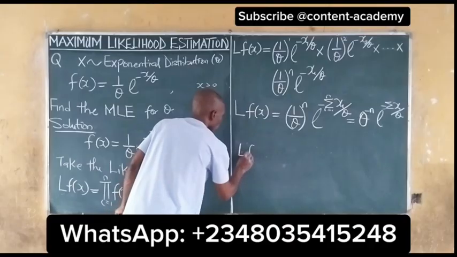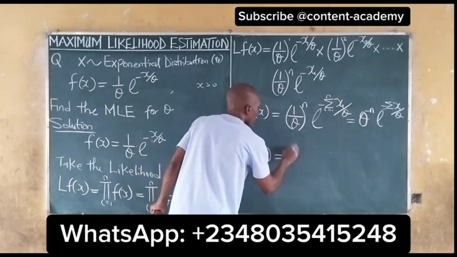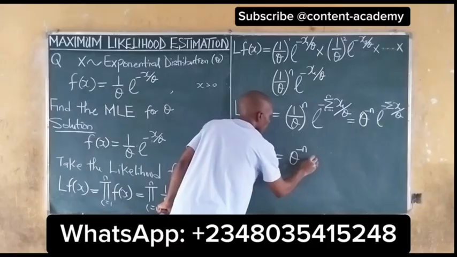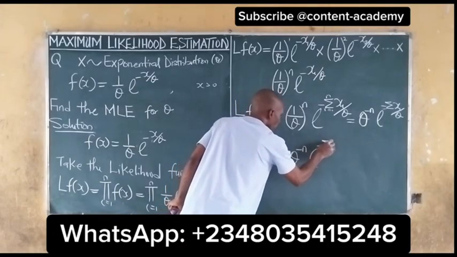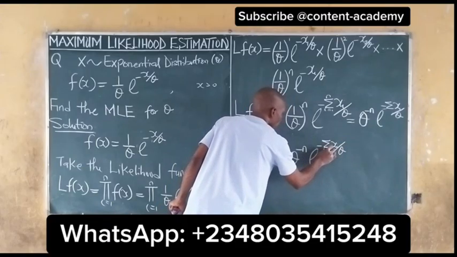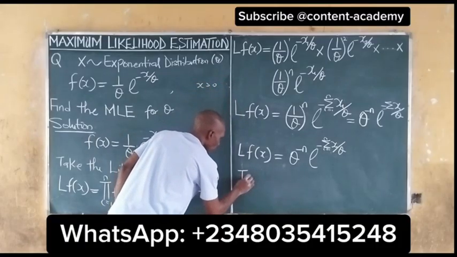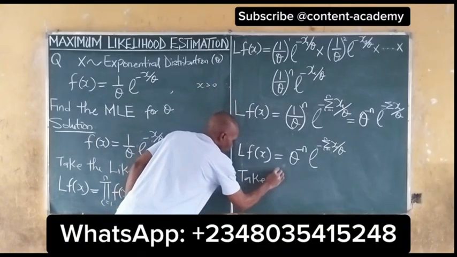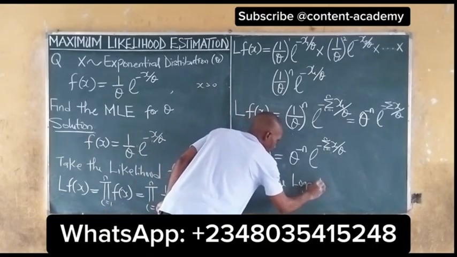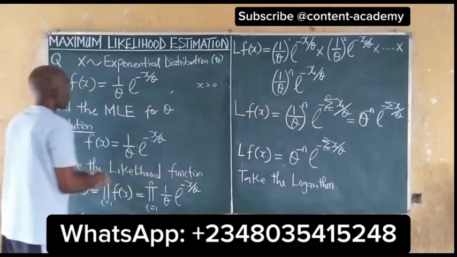Our likelihood function can be written as theta to the negative n, exponential negative summation of xi over theta, as i running from 1 to n. Now we take the logarithm.